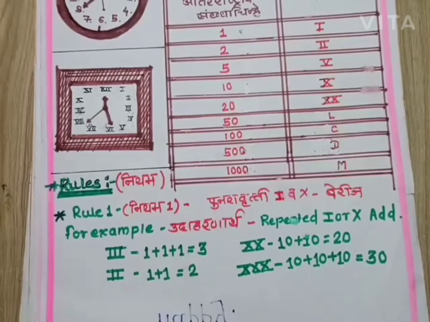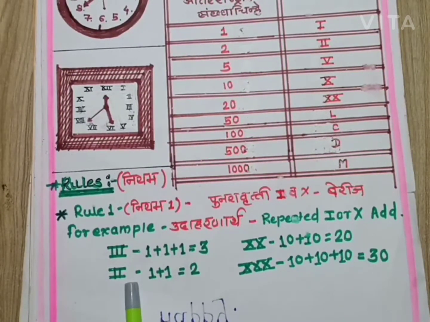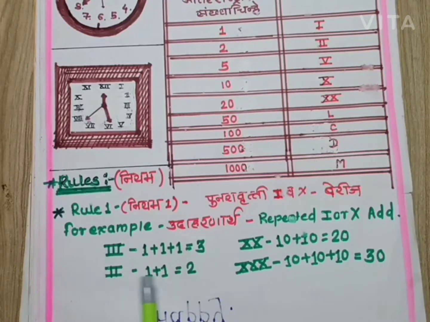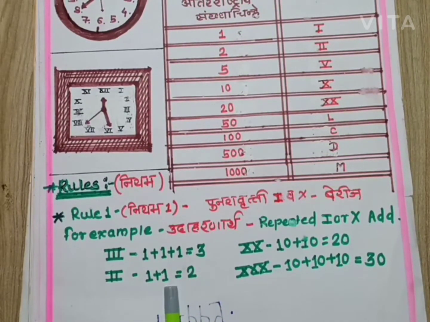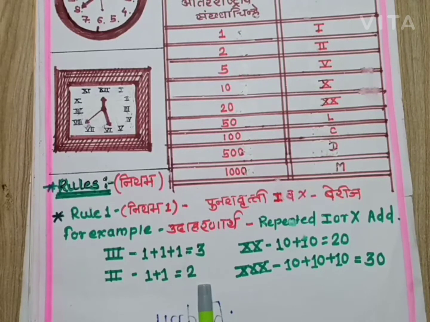Again, there is double I. One I takes value 1 and the second I is also 1. Therefore we add both: 1 plus 1 is equal to 2.